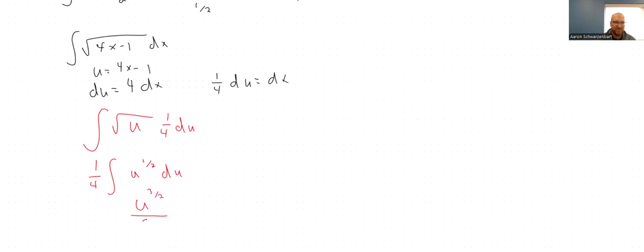Divide by 3/2, which is the same as multiplying by 2/3. 2 times 3 is 6.